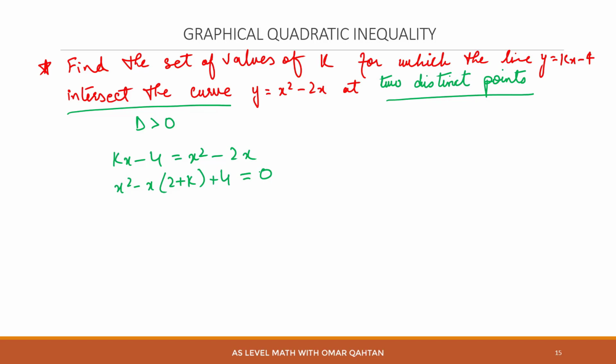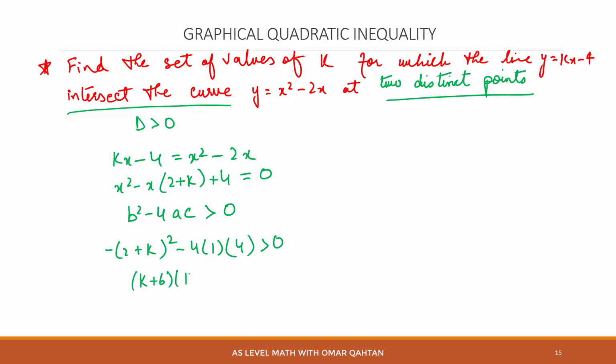So when it is intersecting, I'm going to write b squared minus 4ac should be greater than 0. Upon substituting this in and further simplification we get k equals minus 6 and k equals 2.